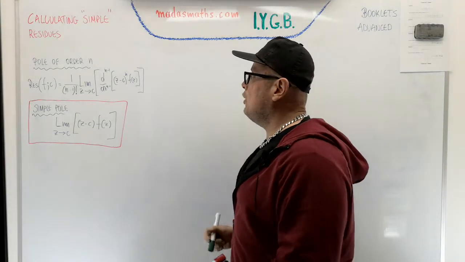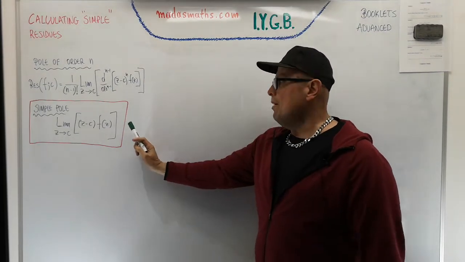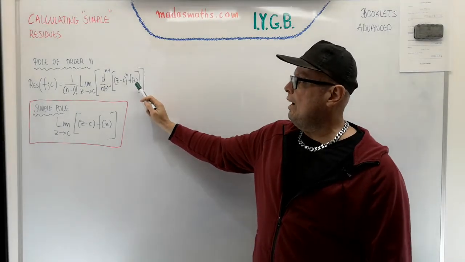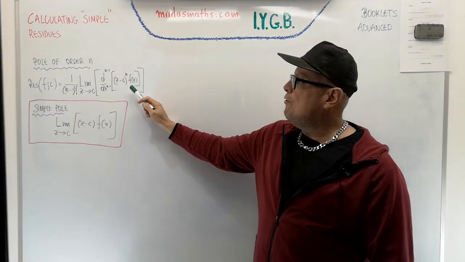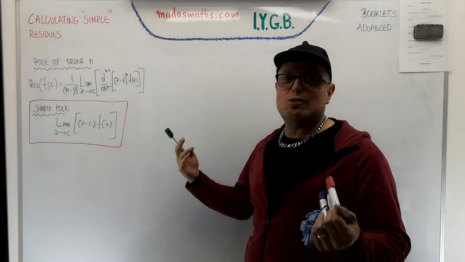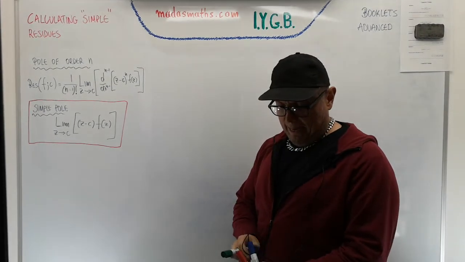Okay, let's get going with this particular work. I've written here 2 formulas. First of all, this is the general formula for computing residues for poles of order n. There won't be poles of order n. There'll be double poles and triple poles and so on at best.